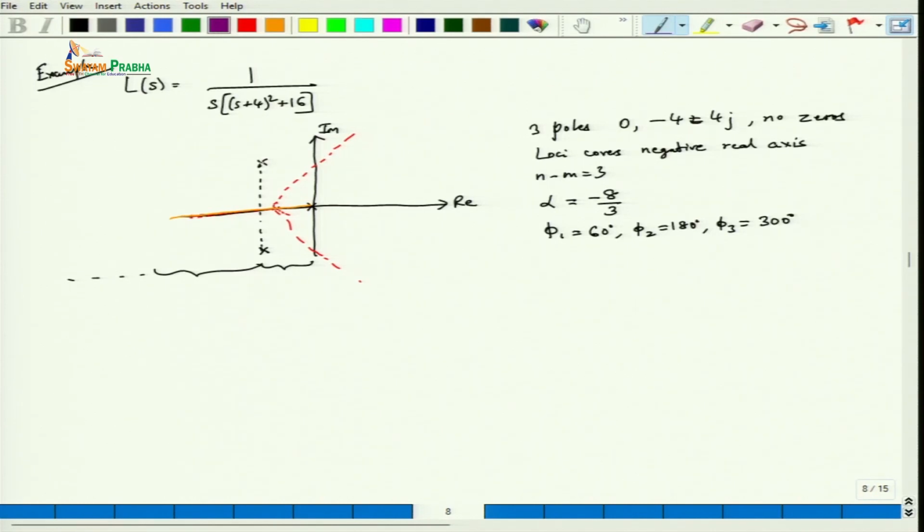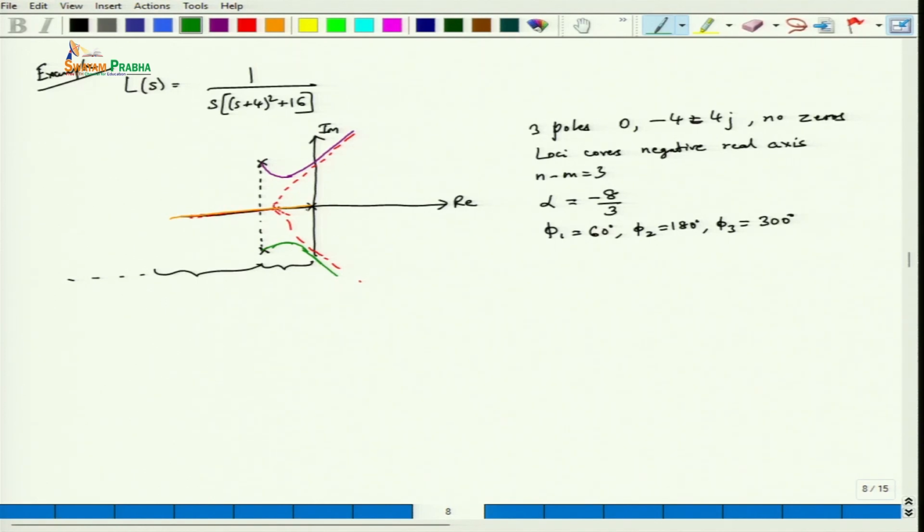Then the other one from here will start this way and will follow this asymptote. Similarly, the one on this side will follow this asymptote at 300 degrees. So we get this root loci for this particular system.